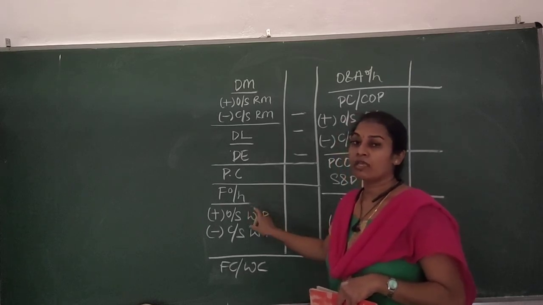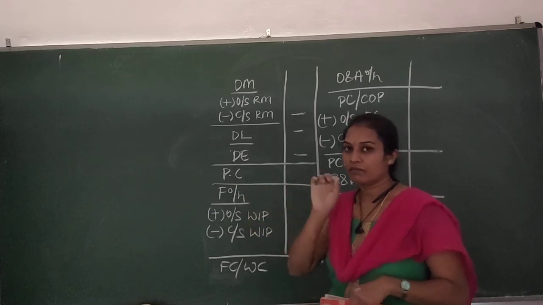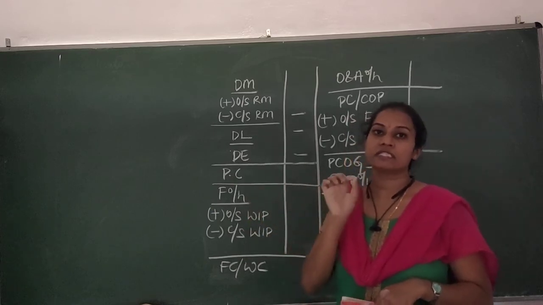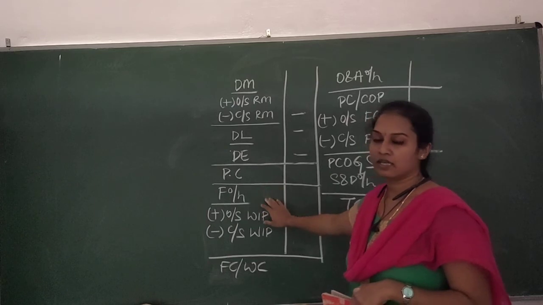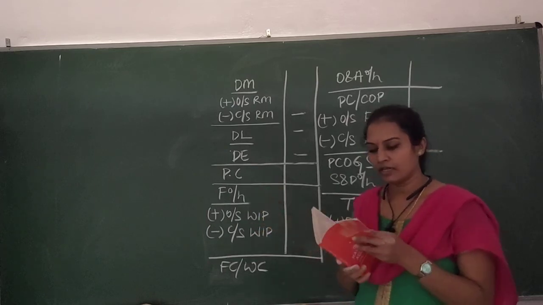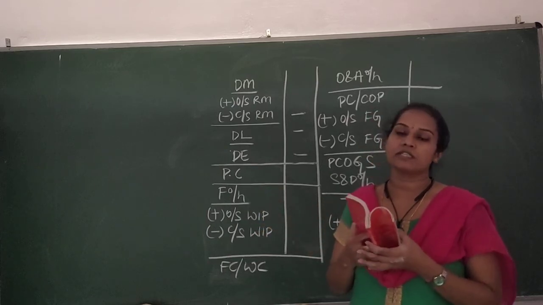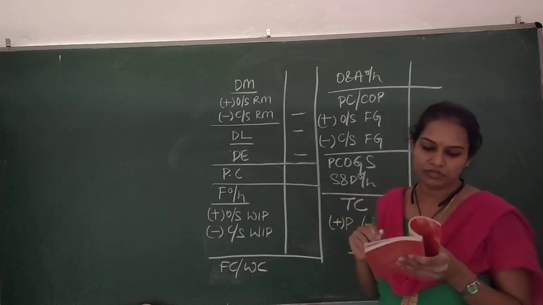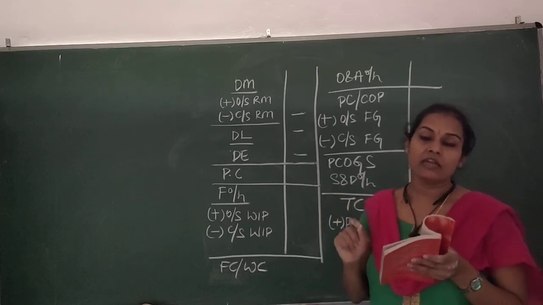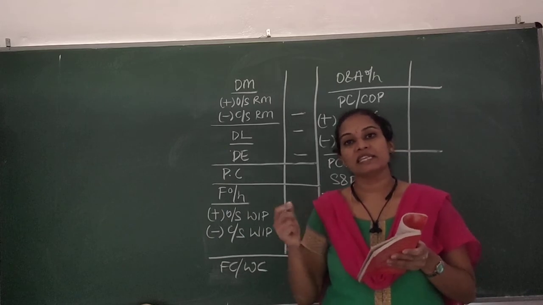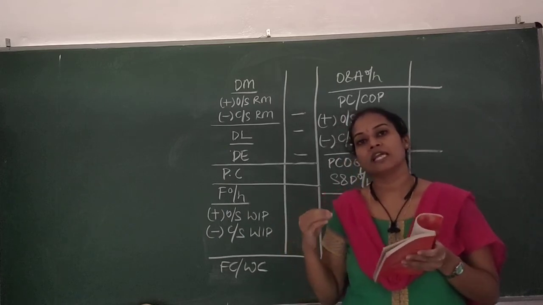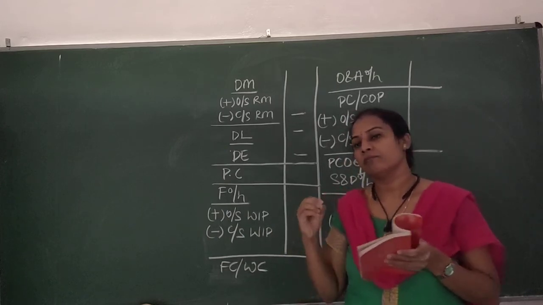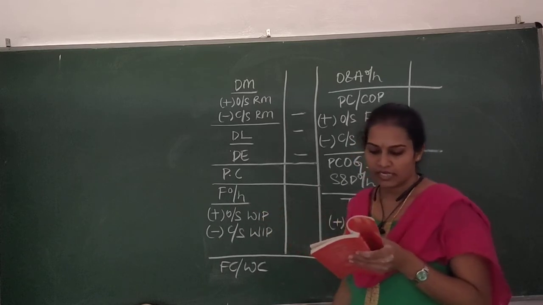No, if drawing office salary comes, it will be taken under your factory overhead. Next is office expenses, which will go under your office and administration overhead. Sale of scrap is an income, so you have to deduct that income from factory overhead.